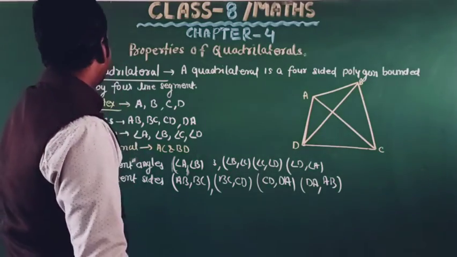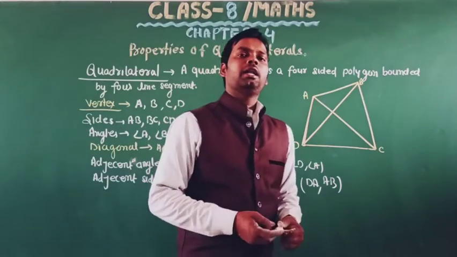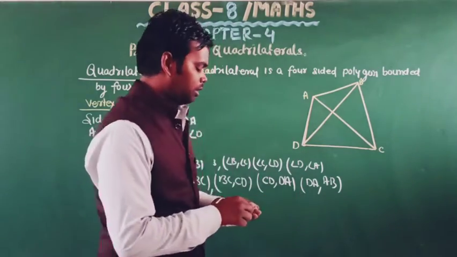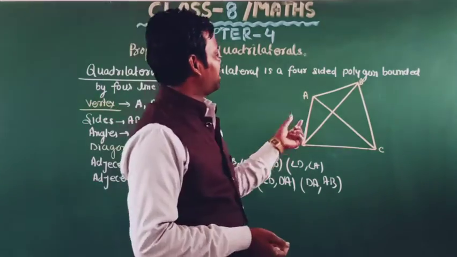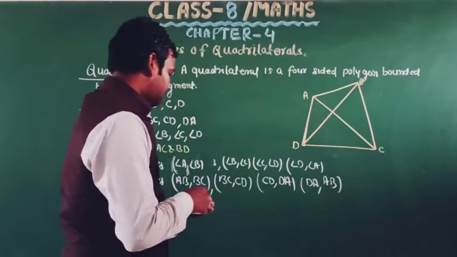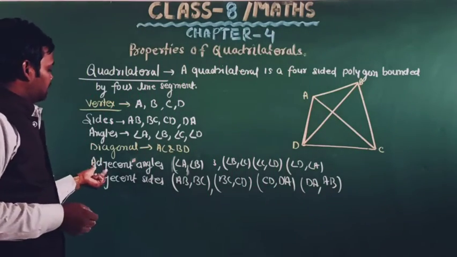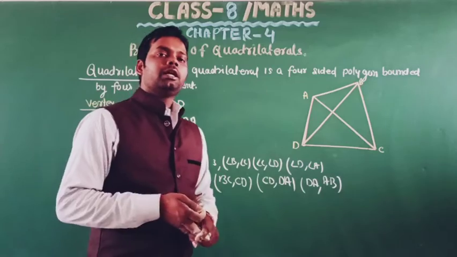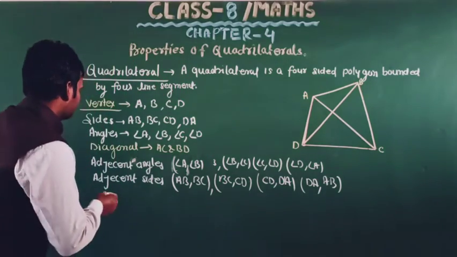And similarly we have opposite angles and opposite sides. A quadrilateral has two pairs of opposite angles and opposite sides, and four pairs of adjacent angles and adjacent sides.